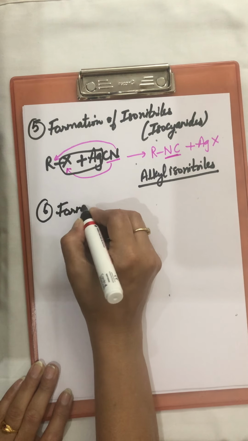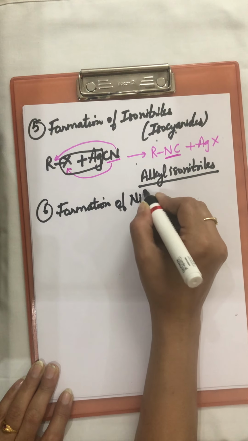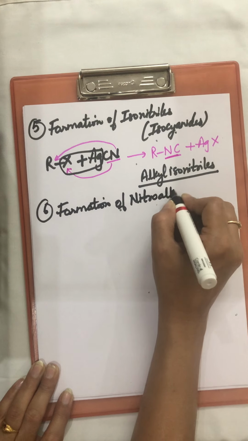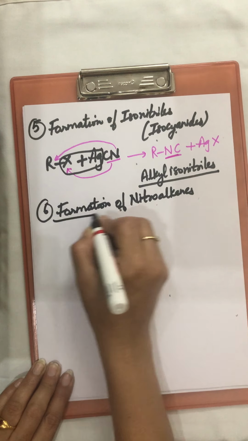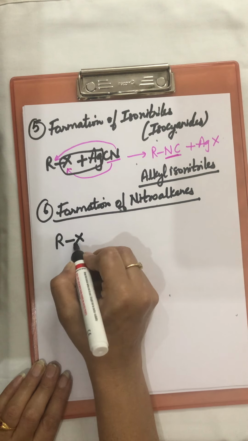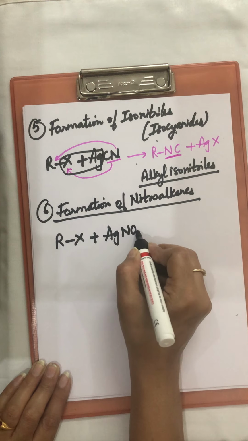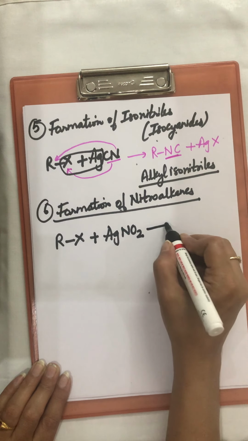Formation of nitroalkanes. How can we get nitroalkanes? These are prepared by reacting haloalkane with silver nitrite, AgNO2.